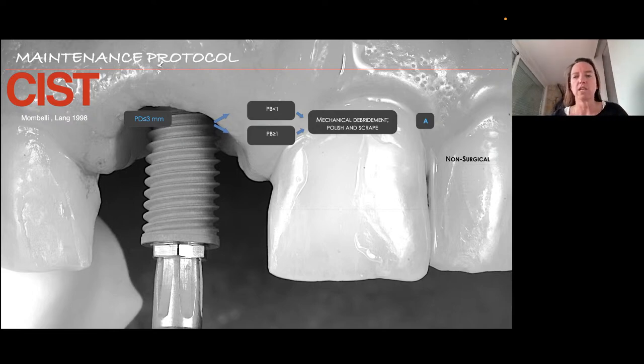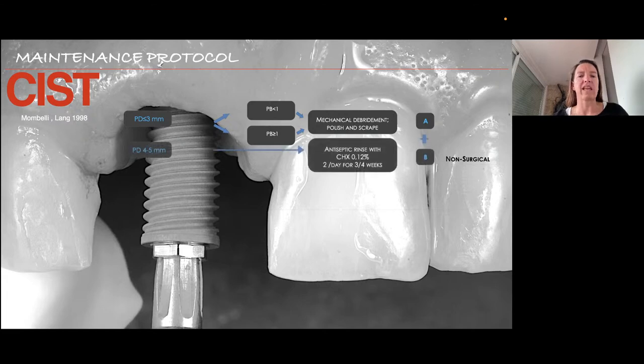So this is the non-surgical treatment. If we have a pocket depth of 4 and 5 millimeters, we will do exactly treatment A, which is the mechanical debridement and polish, plus we ask the patient to rinse with antiseptic chlorhexidine 0.12% twice a day for 3-4 weeks.